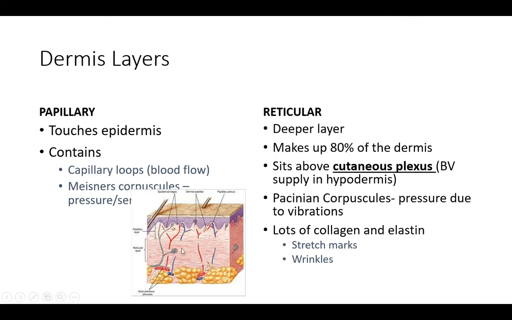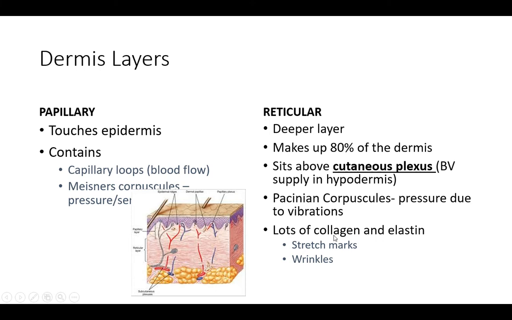These fibers that run horizontal in the reticular layer, these are those stretch fibers. Collagen and elastin, those are our two primary connective tissues here that are adding to that flexibility function of the dermal layer.